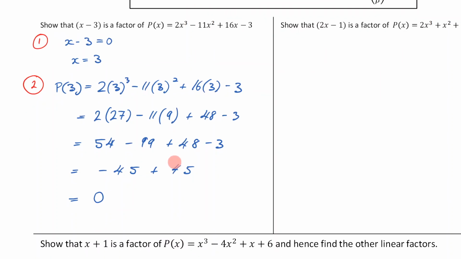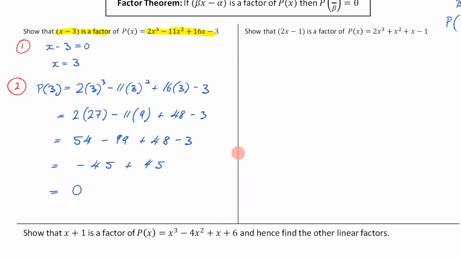And because we get 0 out, that tells me that x minus 3 is a factor. So by getting 0 out, we're proving that we're not getting a remainder, and therefore this is a factor of p of x here.